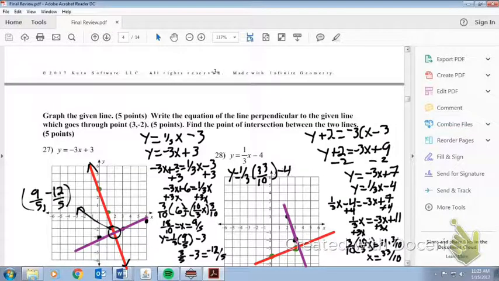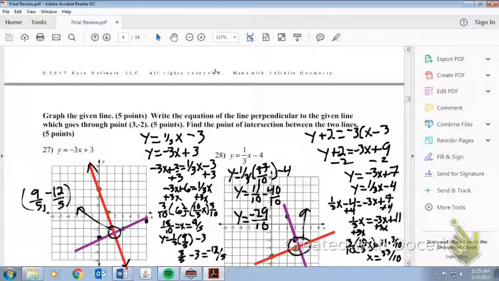Now that 3 and that 33 reduce. 33 is 3 times 11. So we end up with y equals 11 over 10. And then we're going to write 4 in terms of 10. So we're going to subtract 40 over 10. Again, you should know how to do that. If you have no clue how I got 40 over 10, come see me. So we get y equals negative 29 over 10, or negative 2.9.